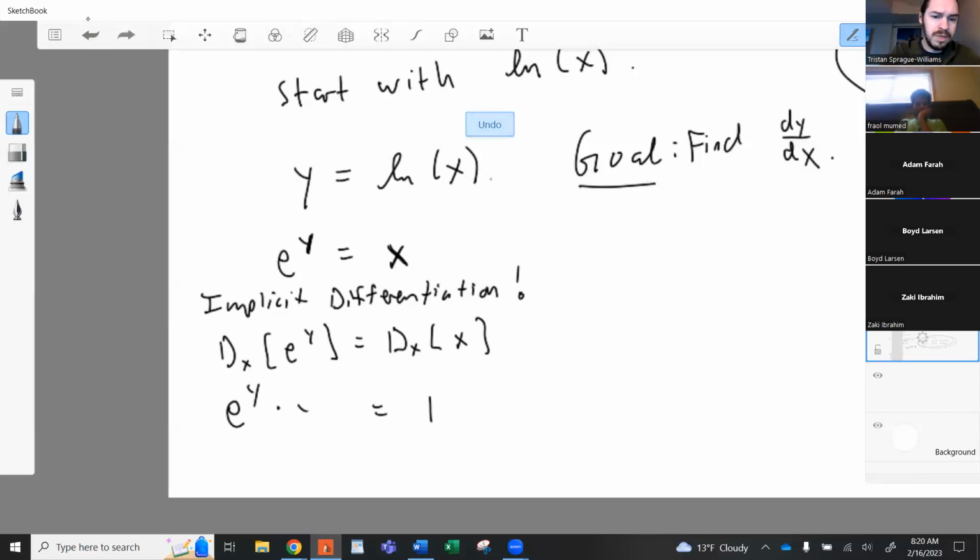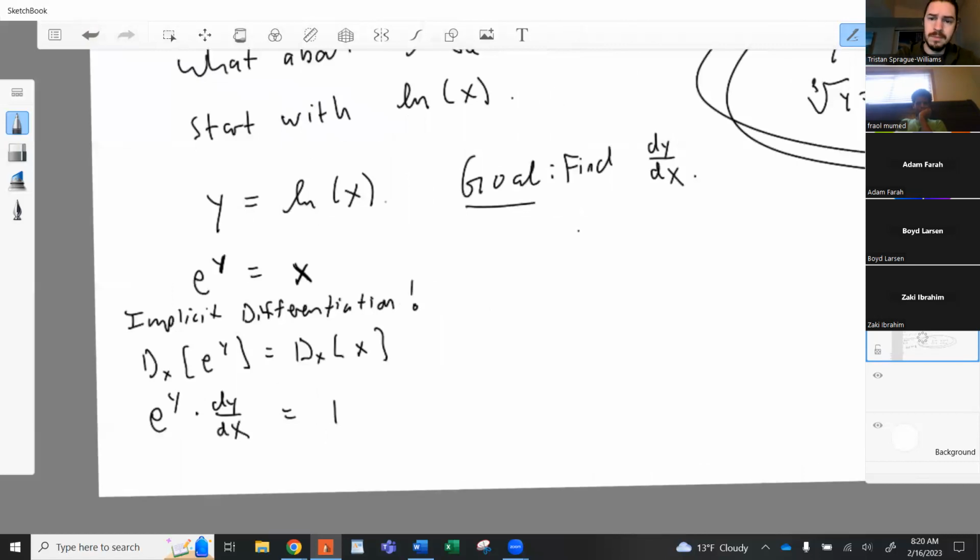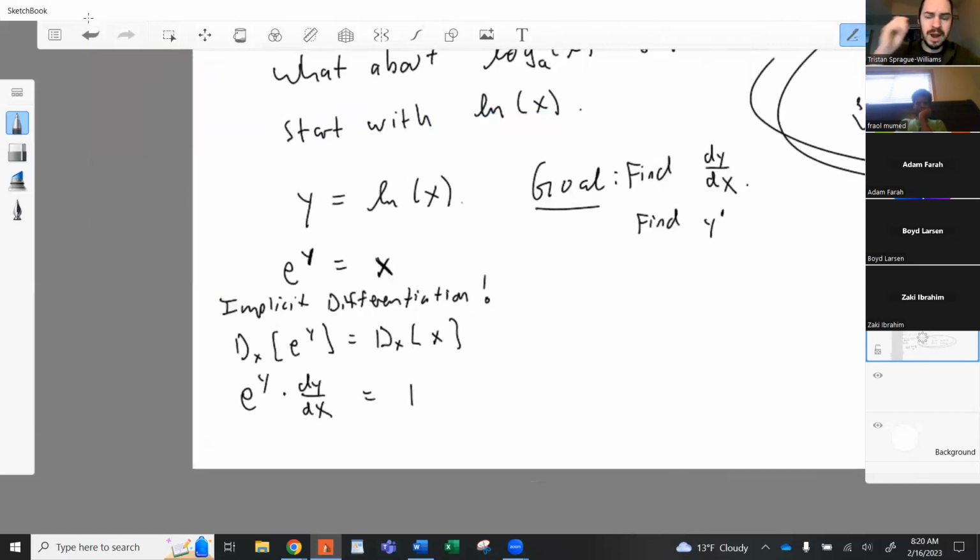That's what we've been talking about with implicit differentiation. By the way, y prime and dy over dx are the same thing. No matter what you want to call it, whether it's y prime or dy over dx, that's our goal, right? So then solving for dy over dx is very simple. It's just 1 over e to the power y, right?